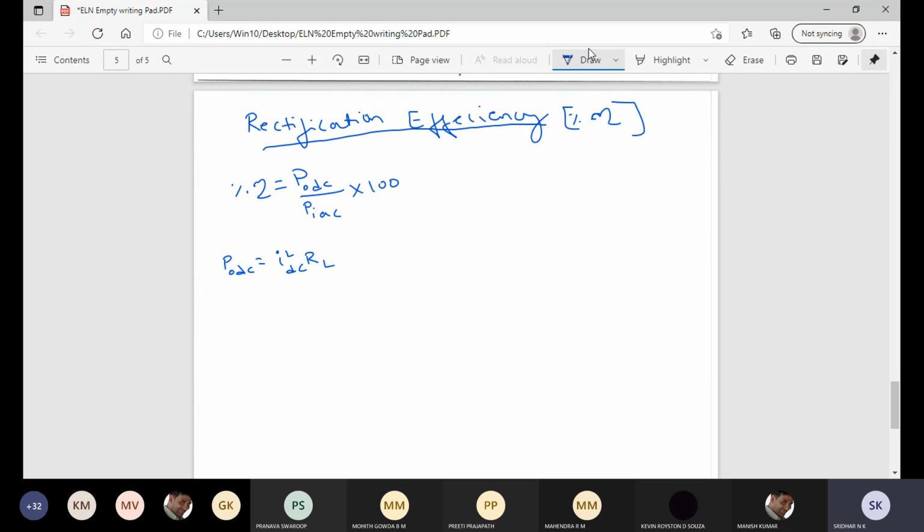This is P output DC, and what is the IDC value of the rectifier? It is Im by pi. So I can write it as Im square by pi square into RL. So this is PODC. Are you clear how I have written this?